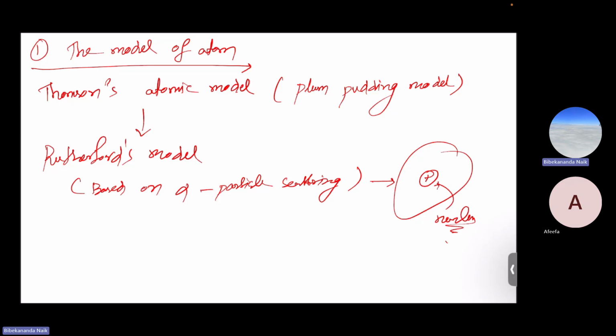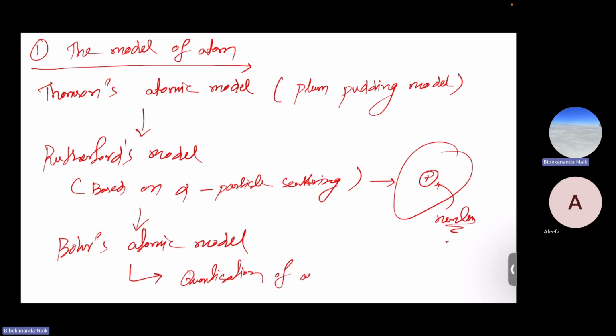Then came Bohr's atomic model, where the concept of quantization of angular momentum was introduced. It was based on the quantization of angular momentum, and it was given in 1913.